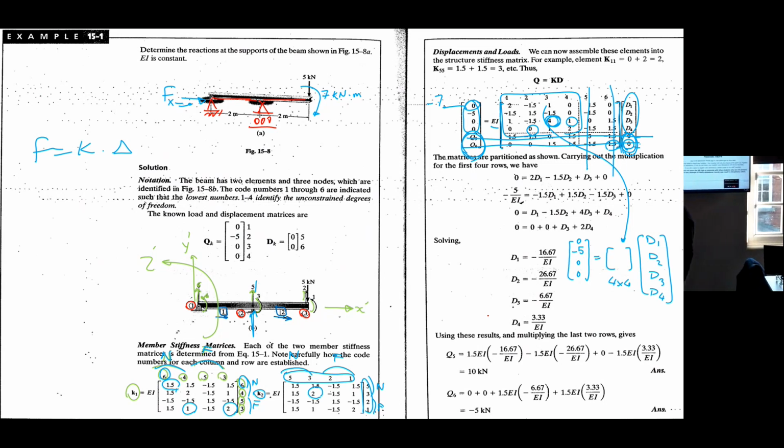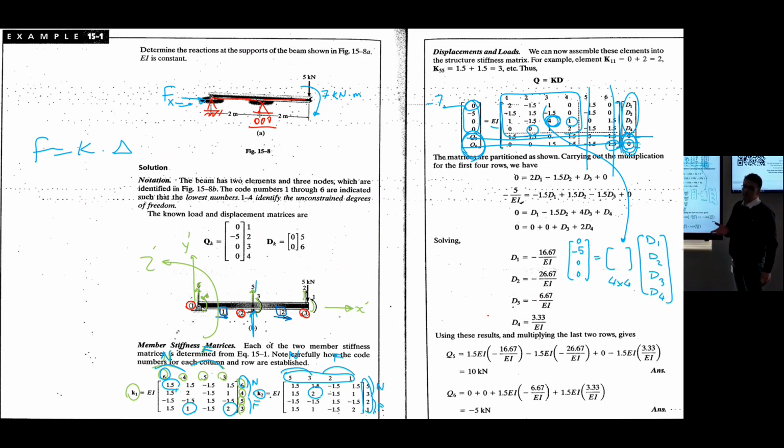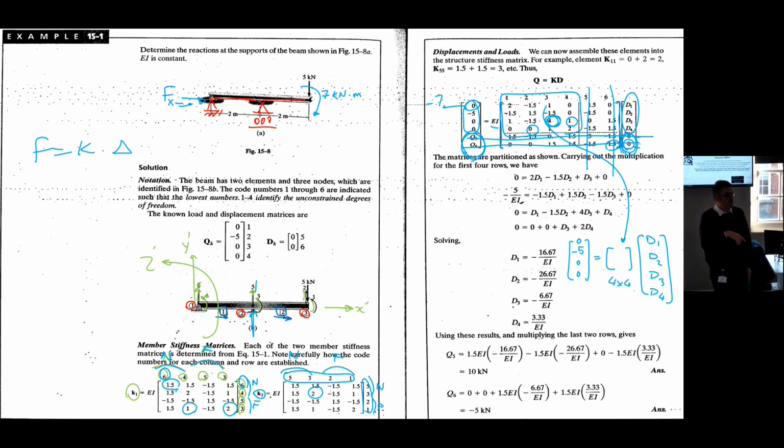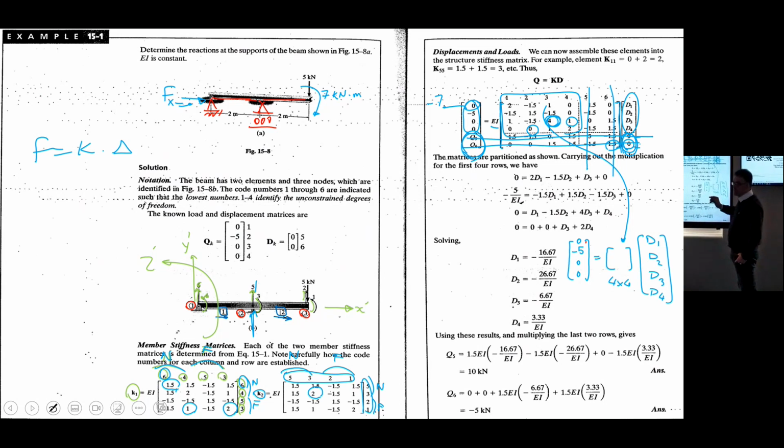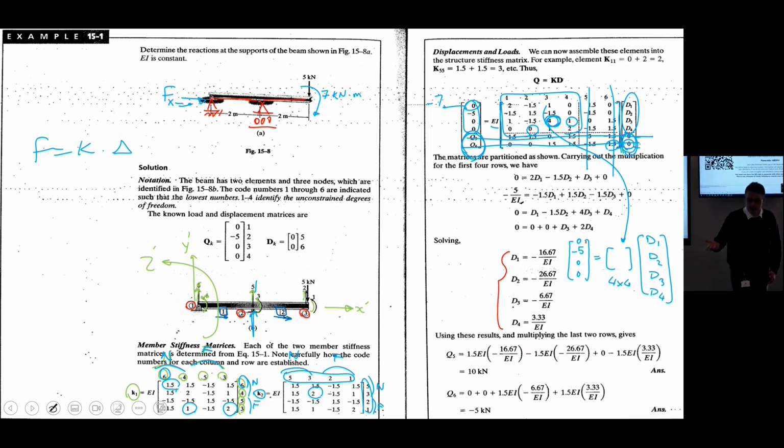And you have 4 unknowns, 4 knowns. The best way is just to inverse this matrix and multiply it by this to get D1 to D4. However, you can use other methods if you like, such as substituting one in terms of another. But basically, the best way is to inverse this and multiply by the vector of forces and come up with D1, 2, 3, 4. These are the deformations which were unknown.